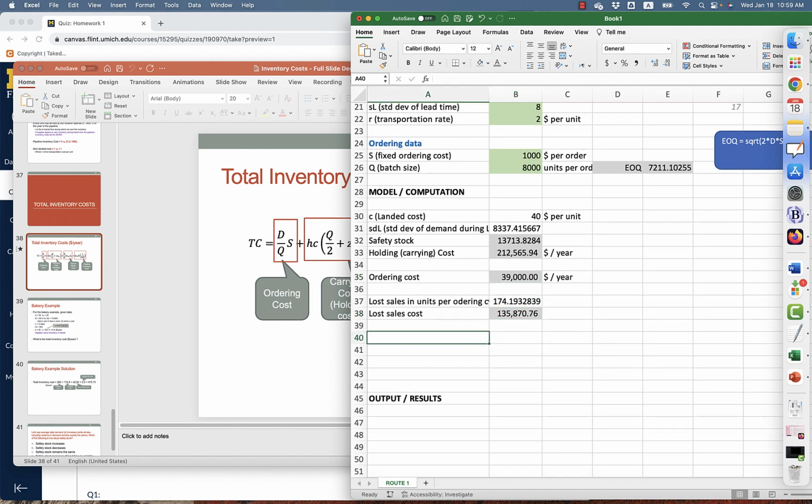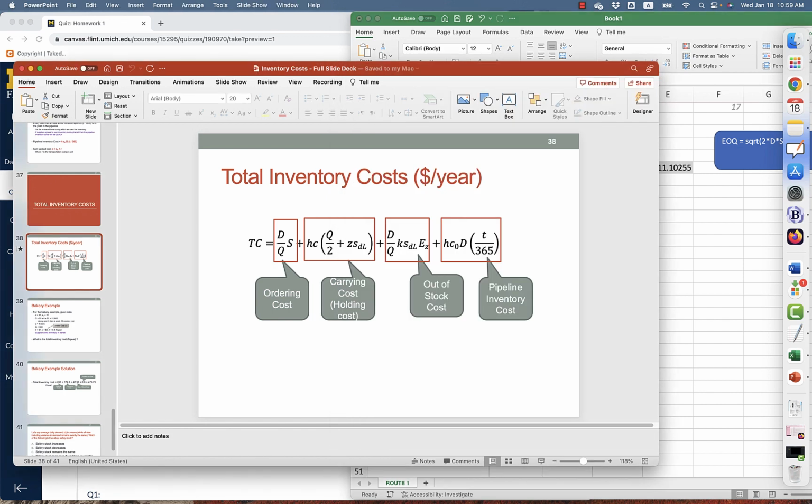And then we have the pipeline cost. Pipeline inventory cost is that you own the inventory while it's in transit over ship or rail or truck. And so what is the cost of having money invested in inventory when it is in transit? So it's H times C naught. C naught is not the landed cost.